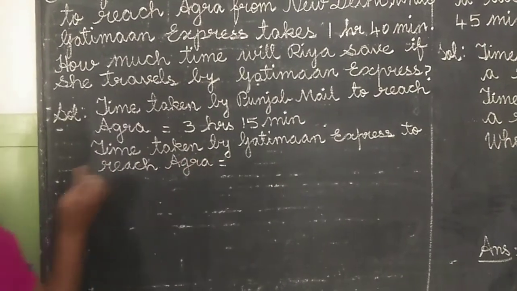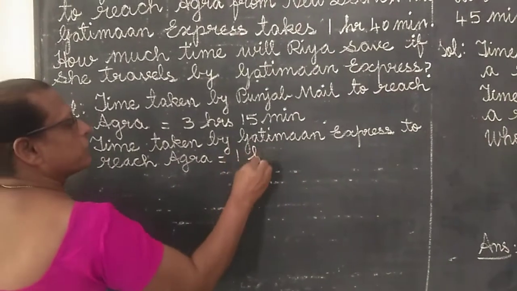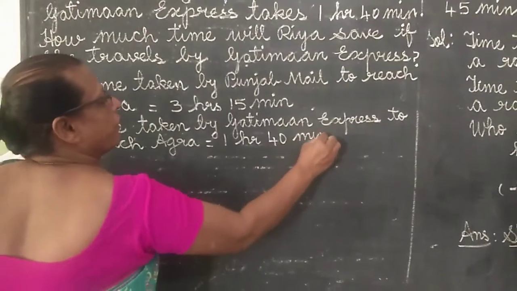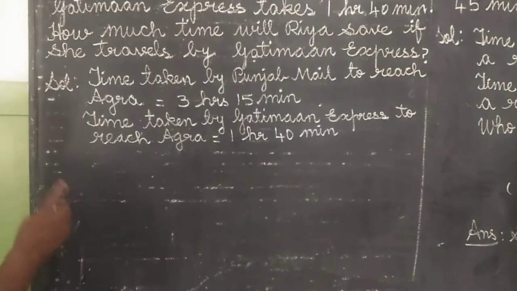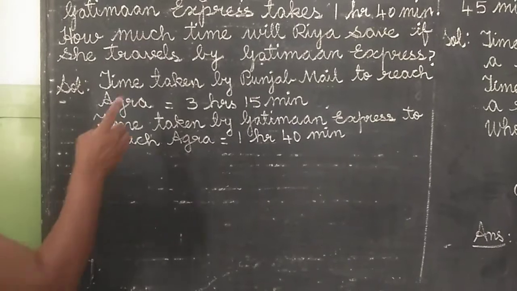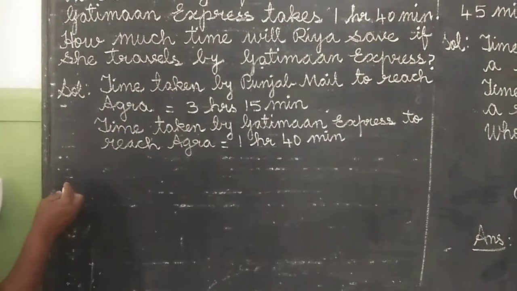How many hours, children? 1 hour 40 minutes. So we have to find out how much time she can save when she travels by Gatiman Express. Okay children.